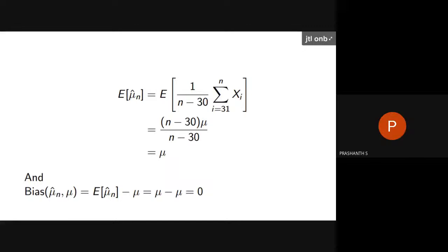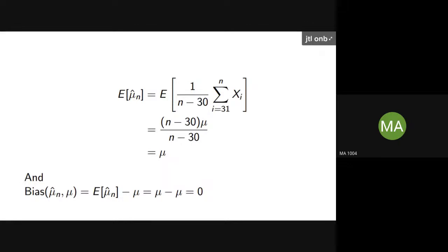Okay. If you are confused, what you do is add 30 values, 1 to 30, and then subtract 30. Then you can easily observe that there will be n minus 30 of these values. If you add 30 values to the 31 to n values, you will get n.